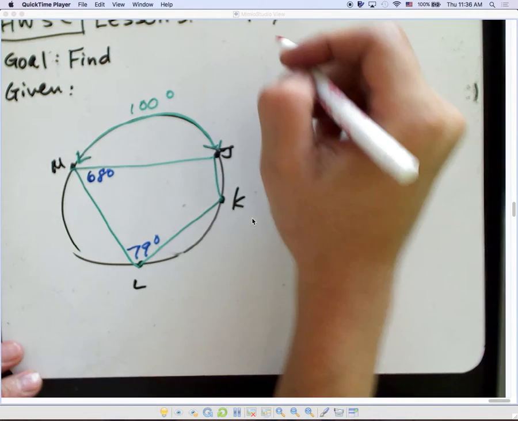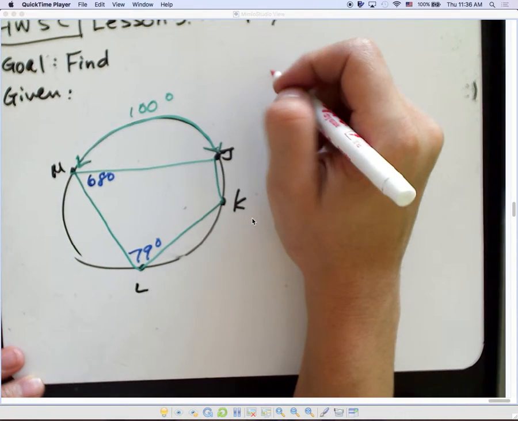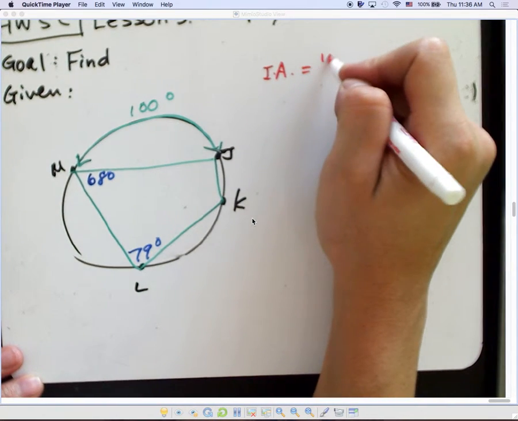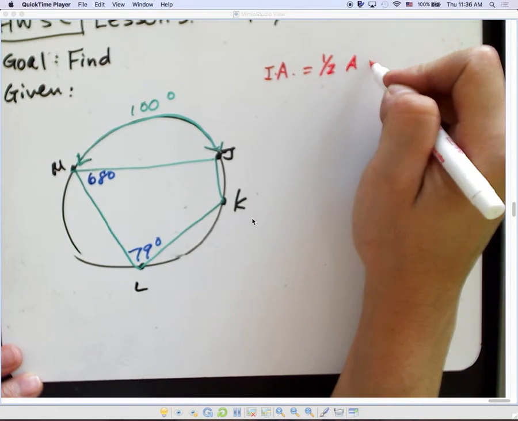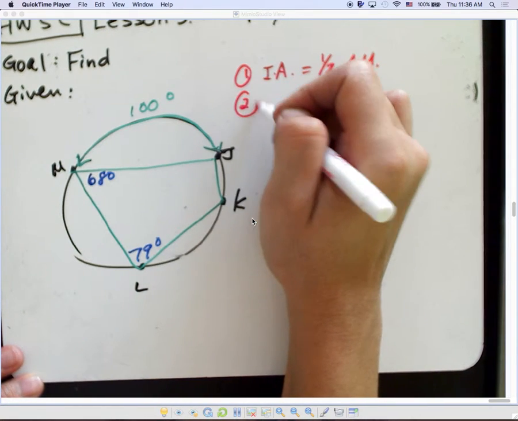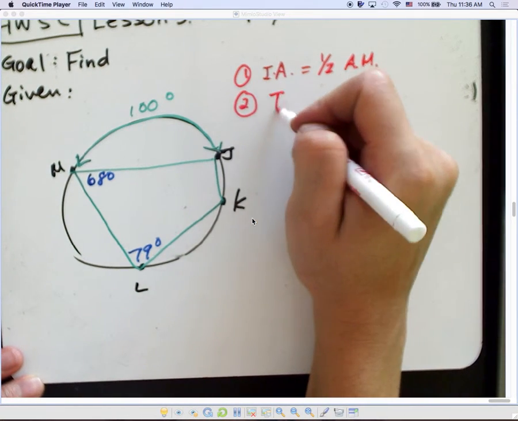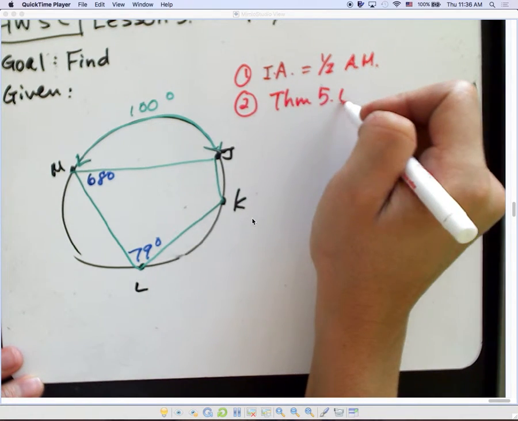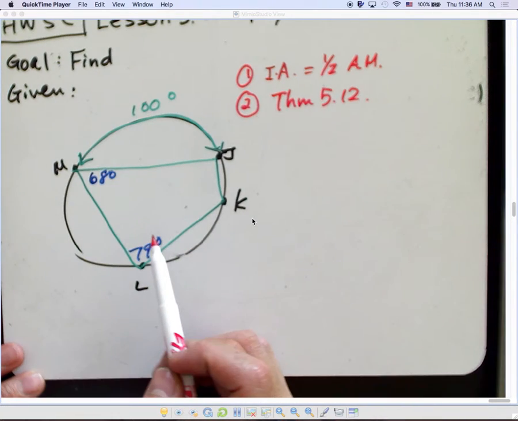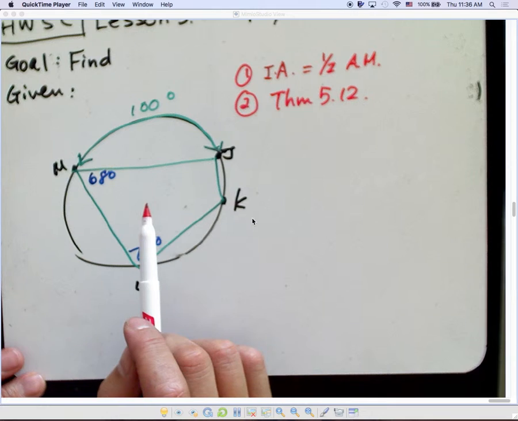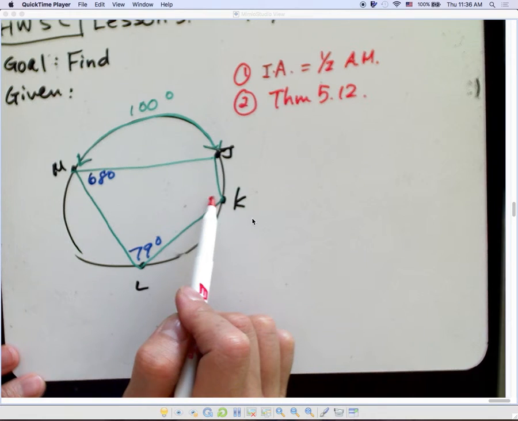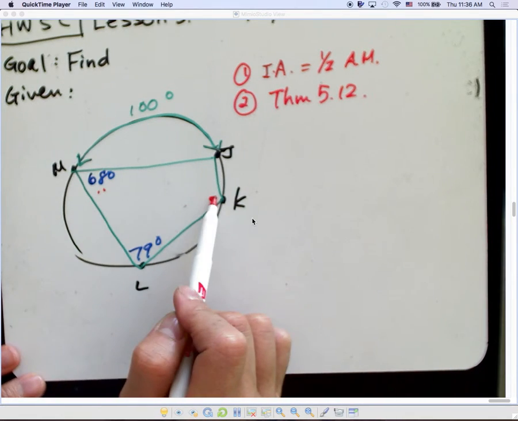Use the fact that an inscribed angle, which I'll write as IA, is half of the arc measure. Use that fact, number one. Another thing you can use is theorem 5.12, which is that the opposite angles of a cyclic quadrilateral, for example this one and this one right here, must add up to 180.